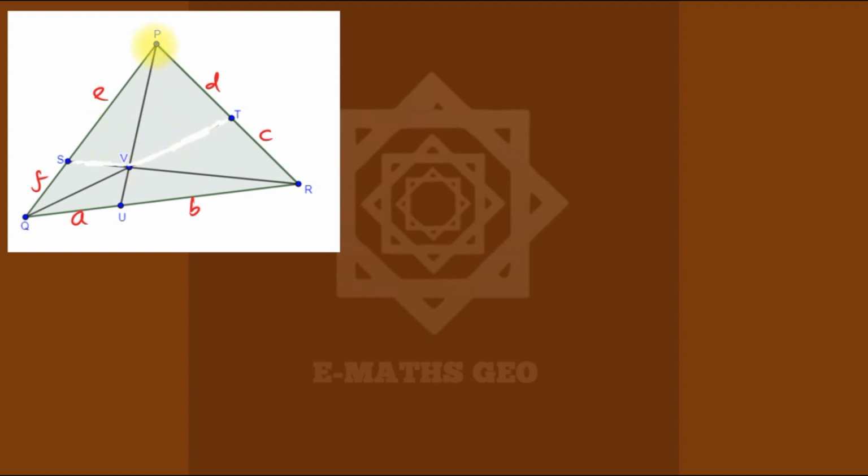Therefore the ratio of the area of triangle PQV over the area of triangle PRV will be A over B. Check what we've done before.